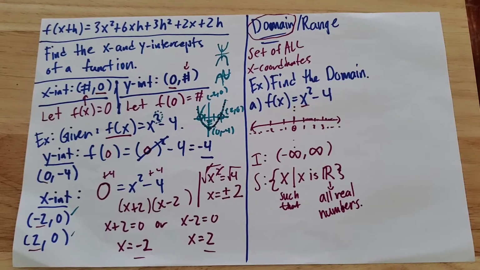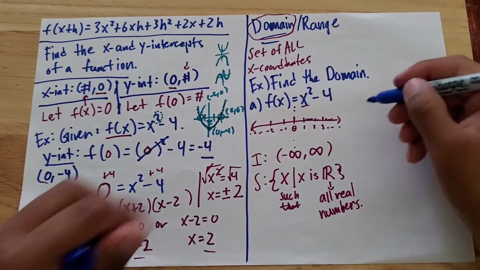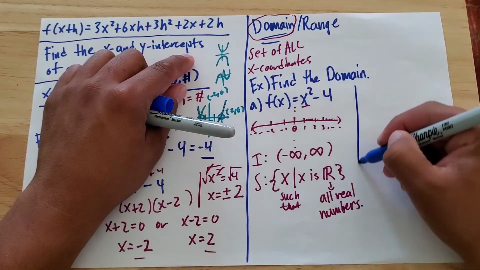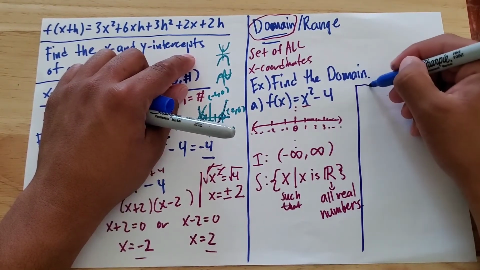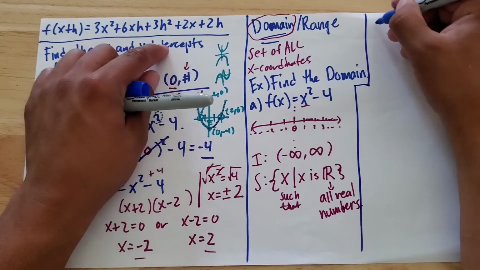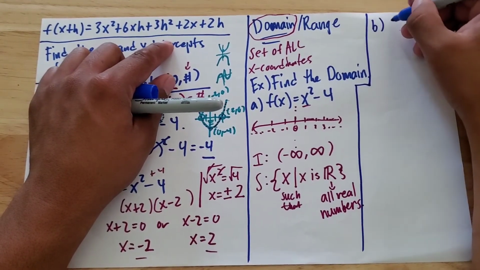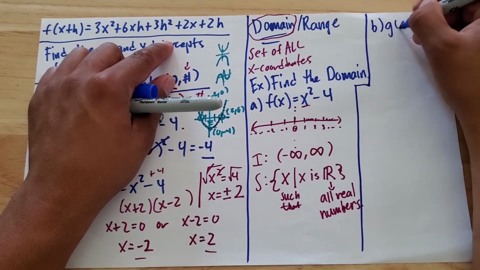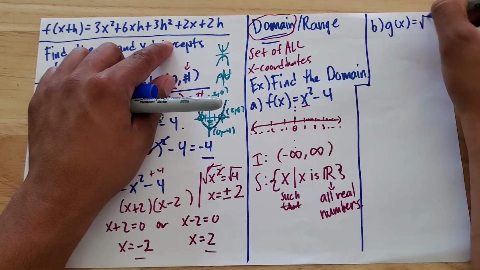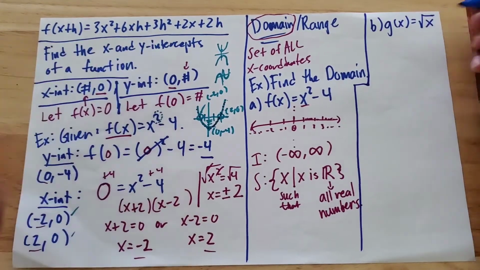Now, there's other functions that are slightly different. So, for example, let me pull it up right here. So B, we can look at g of x equal to the square root of x.